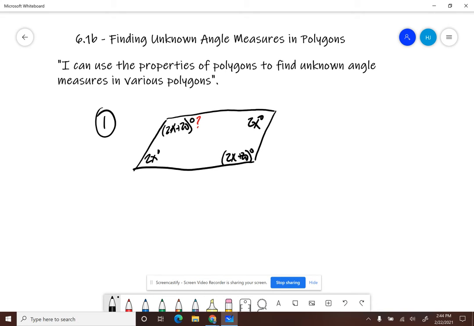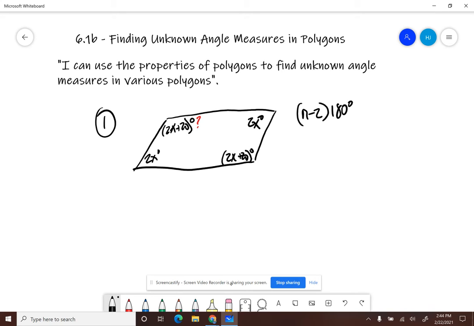In order to do that, we don't know what the values of x are, but we could figure out exactly what the value of the entire thing is. Remember, all of these angles are inside, so they're interior. To find the sum of interior angles of any polygon, remember we said yesterday that it is n minus 2 times 180 degrees.